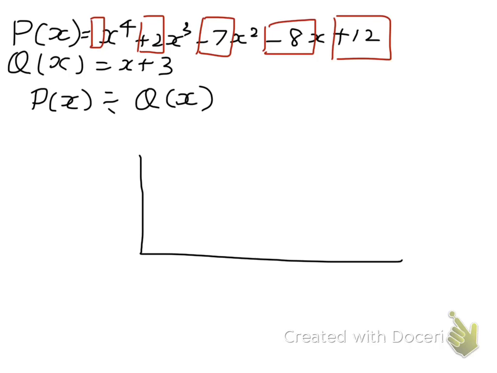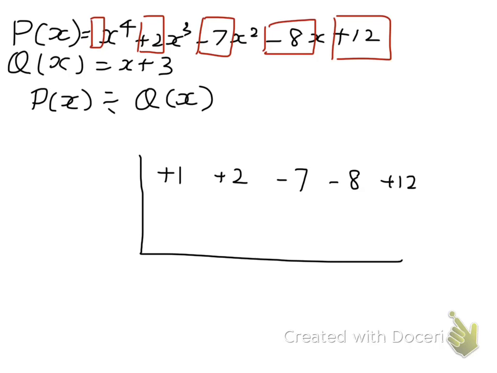And then you write it down in order, the one with the highest index first. So the highest index here is x to the power 4, and the coefficient is 1. Write the sign, so positive 1. After that, positive 2. After that, negative 7, negative 8, positive 12.